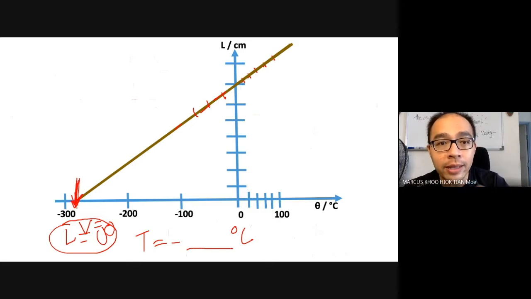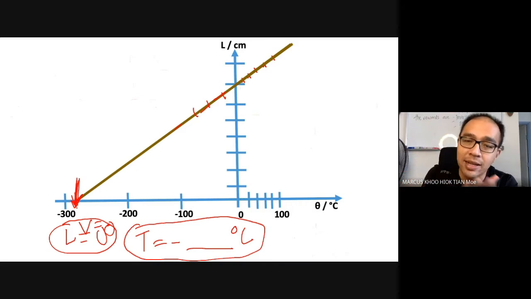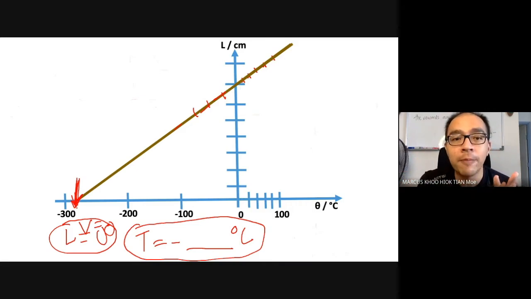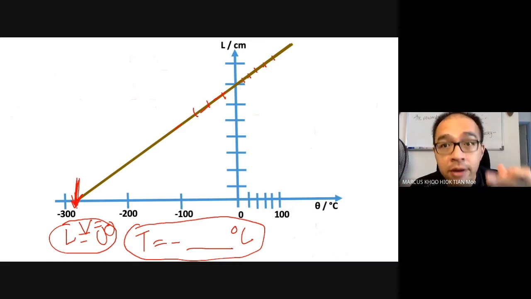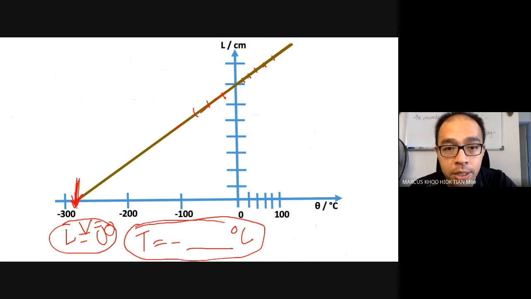We find that the only temperature that allows us to compress the gas until there is no more gas is a very, very small value, a very cold temperature, which is negative 270, negative 280 something, depending on your graph. And the value of this temperature is a very important value to us.